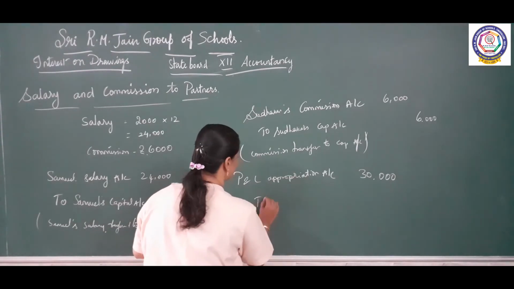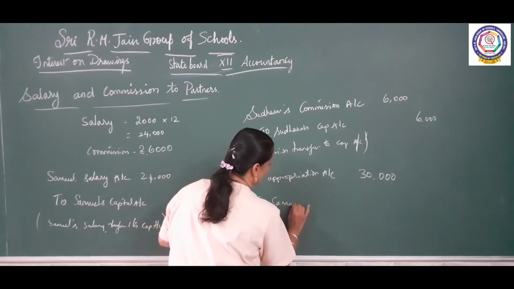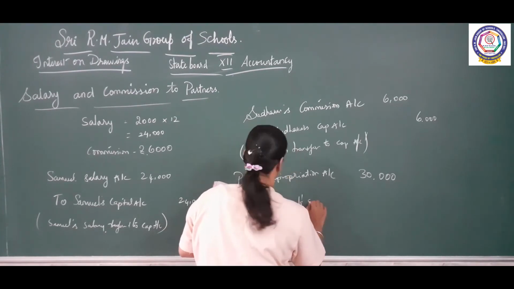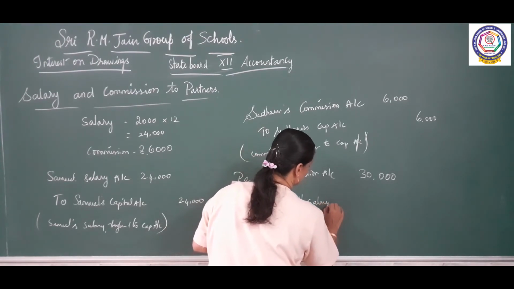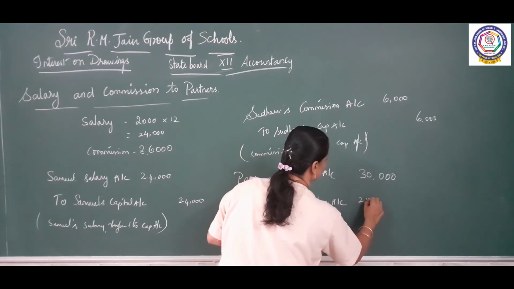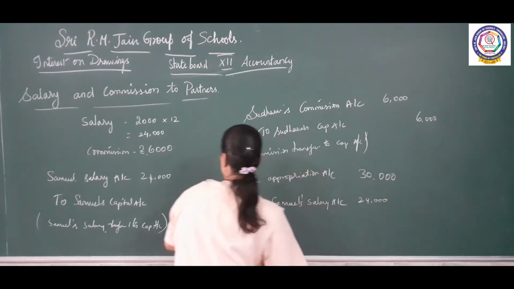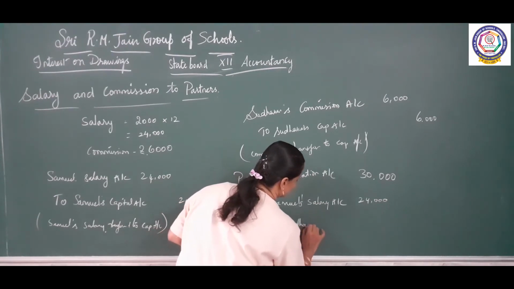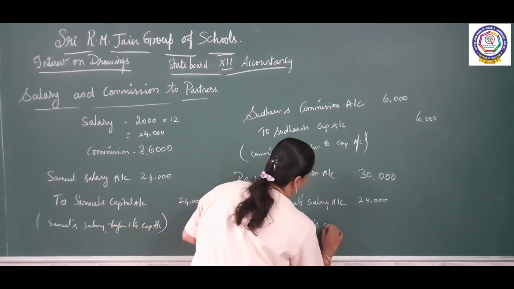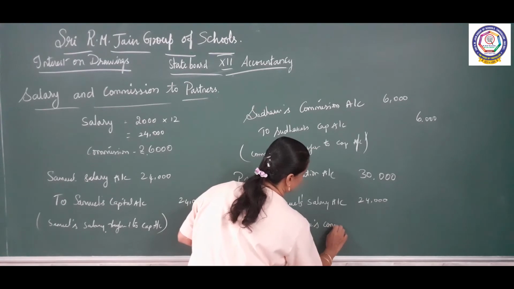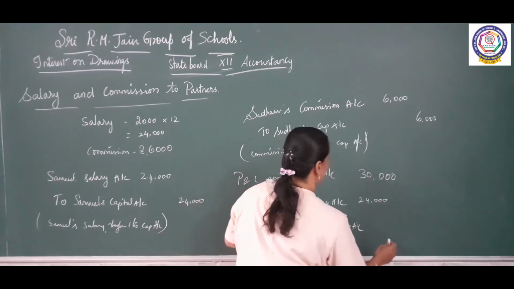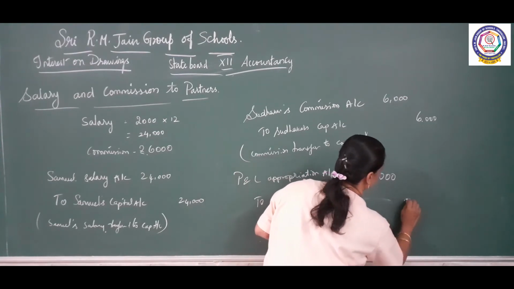And then to Samuel's salary account 24,000, and then to Sudhakar's commission account 6,000 here.